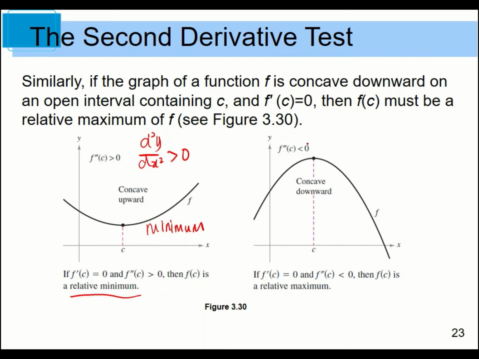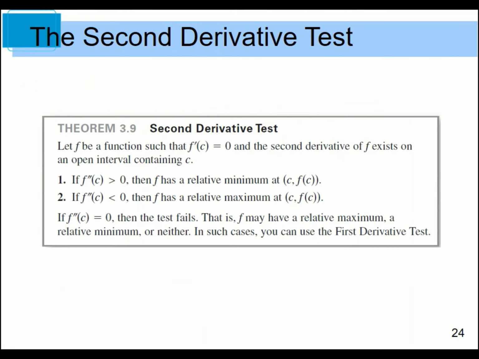And when the second derivative is a negative value, d2y/dx2 is less than 0, we have concave downward, and the point here is the relative maximum point. We are going to use these two characteristics to help us test the function. We call this the second derivative test.